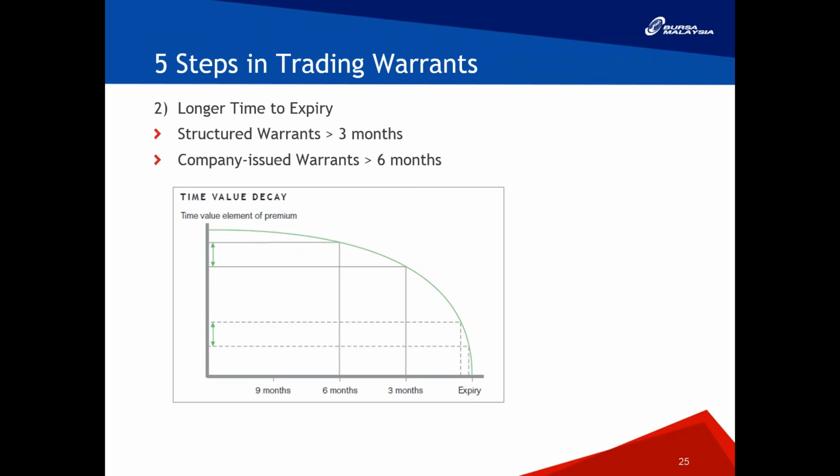Why one is more than the other is because for normal warrants, normally the exercise is by physical exercise, meaning you have to convert. And most retailers are very reluctant to convert. And when the warrant comes to about 5-6 months to expiry, they will start to sell very aggressively. So anything that is 6 months or less will see a pretty rapid drop in price.